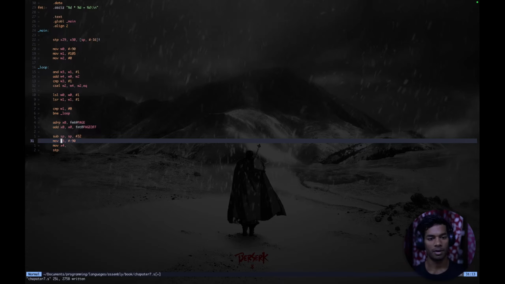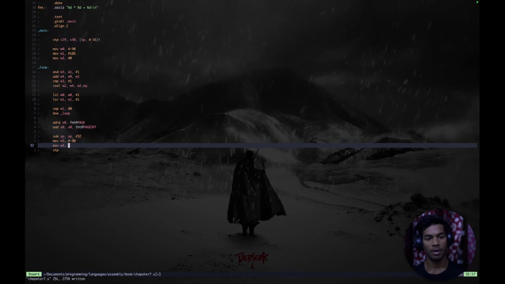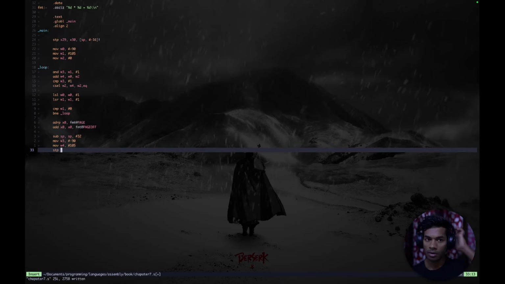Wait, god damn it. Into the fourth register, the value 90 and 105, not minus but normal 105, and store them onto the stack. Store the pair, not W3.